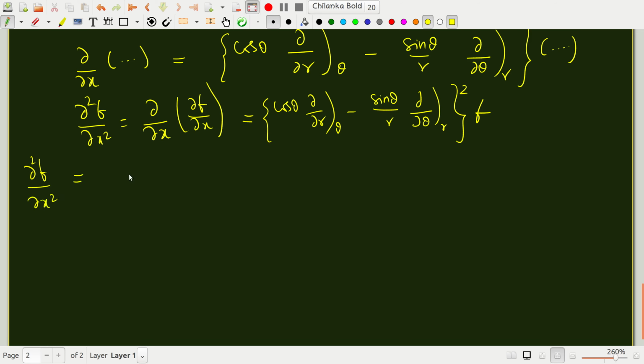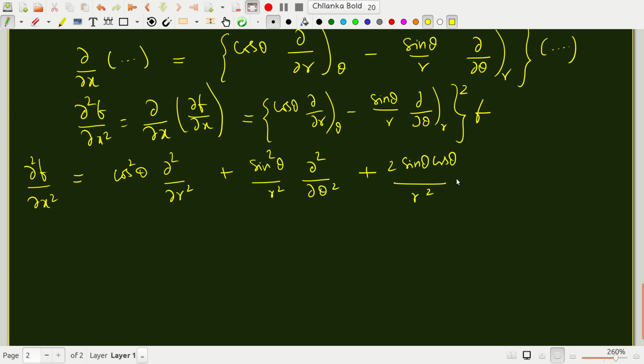This is nothing but cos squared theta, because you have to square this, partial squared by partial r squared, plus sin squared theta by r squared partial squared by partial theta squared, plus 2 sin theta cos theta upon r squared partial by partial theta, minus 2 sin theta cos theta upon r partial squared by partial r partial theta, plus sin squared theta by r partial by partial r.